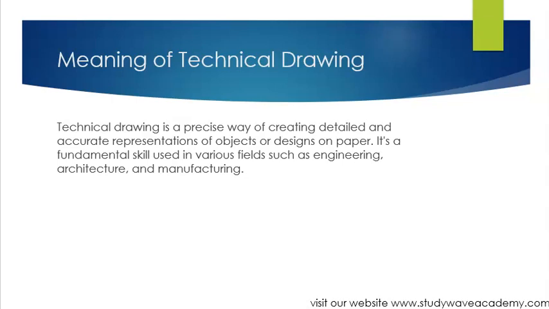Technical drawing is like a special kind of art that engineers, architects, and designers use to make precise and detailed pictures of things they want to build or create. It's like drawing with a purpose, where every line and measurement matters to help turn an idea into a real object. Okay?